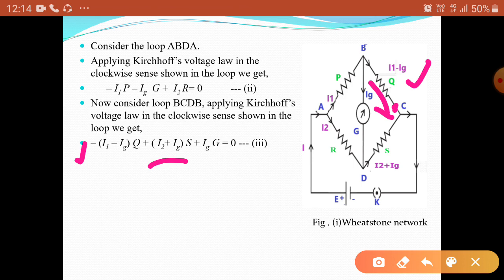Now again the direction of conventional current and tracing of the loop is the same. That's why we can represent here plus IgG. That's why equation number 3 is written as minus (I1 minus Ig) Q plus (I2 plus Ig) into S plus Ig into G is equal to 0. This is equation number 3.